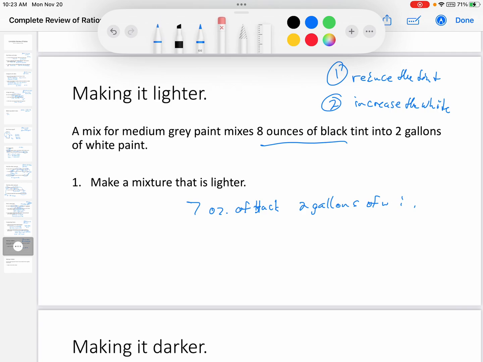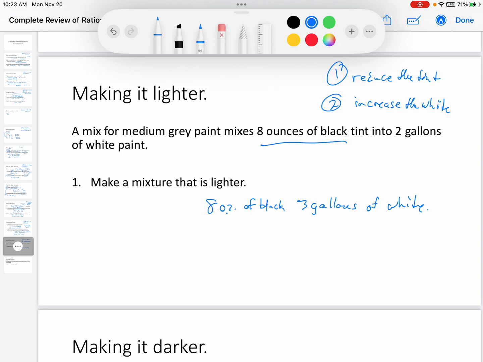Or increase the white, so 8 ounces of black, 3 gallons of white. Or you could do both. You could decrease the black and increase the white.